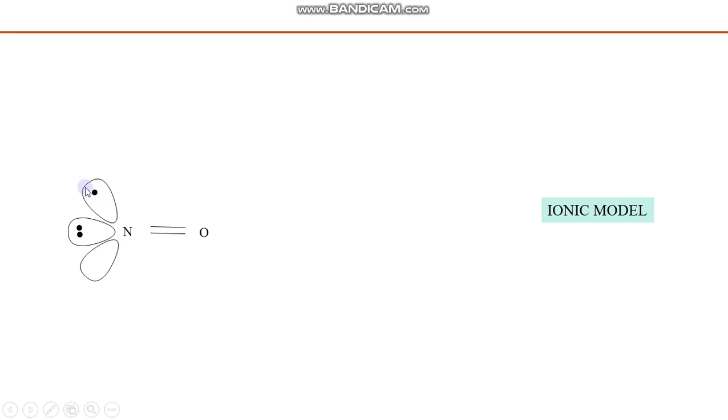In case of gaining another electron from any foreign species, nitrosyl will get a negative charge, and in case of donation of this electron, nitrosyl will get a positive charge, or the ligand will be cationic. So this is also an example of a cationic ligand in coordination chemistry, where nitrosyl donates this electron to another species in order to get a positive charge.